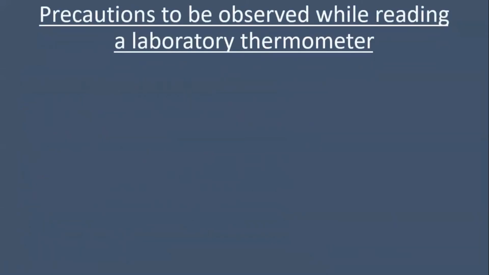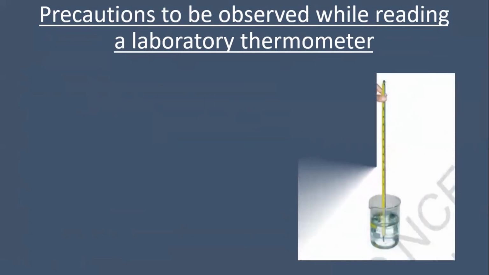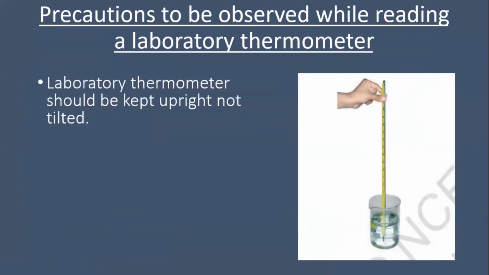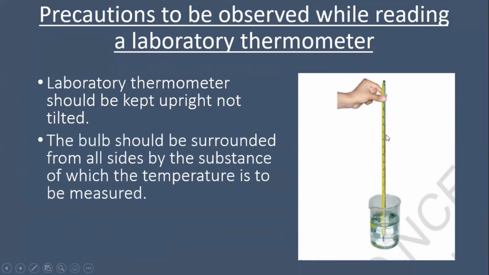Students, some precautions to be observed while reading a laboratory thermometer. The laboratory thermometer should be kept upright, not tilted. The bulb should be surrounded from all sides by the substance of which the temperature is to be measured.